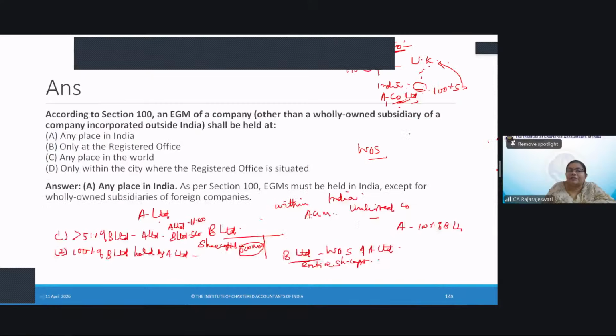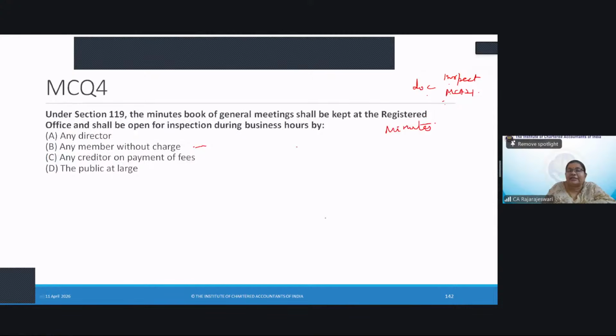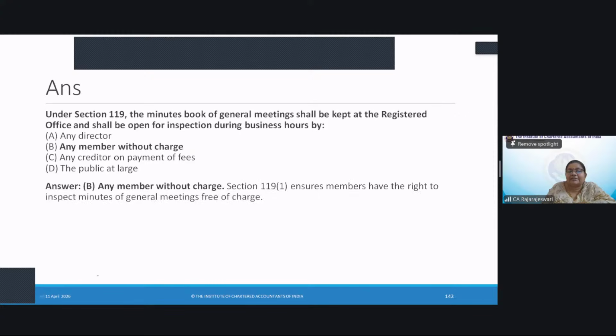The documents which are filed with the ROC are public documents, transparent documents, whereas here it is only by any member without charge. You should be clear. Member without charge. The creditor and public cannot do it.